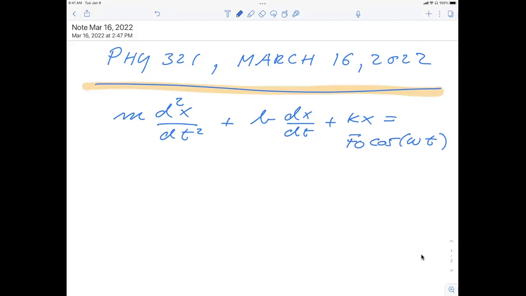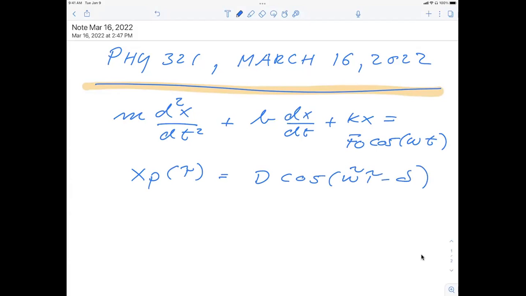So what we found is that the particular solution as a function of this dimensionless time, so I'm just quickly repeating what we did, was given in terms of an amplitude multiplied by a cosine. And we had this dimensionless frequency and dimensionless time minus a phase shift.